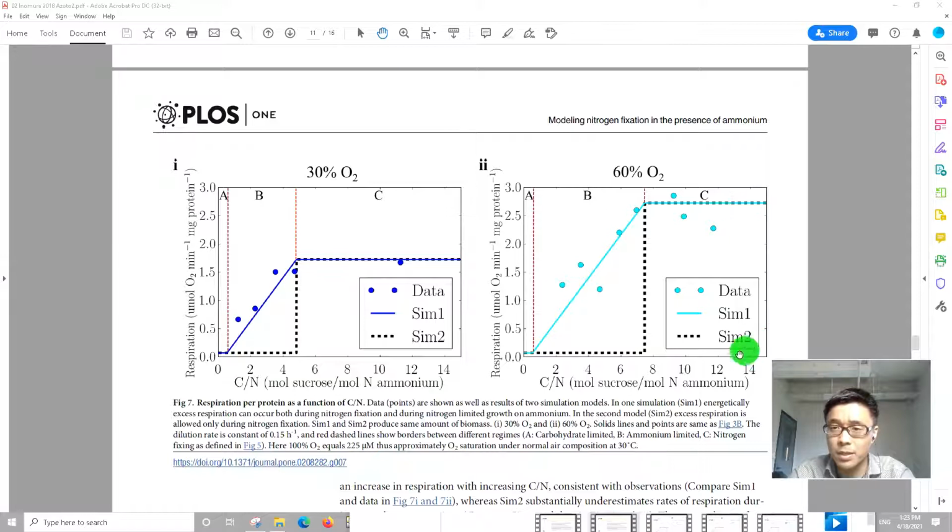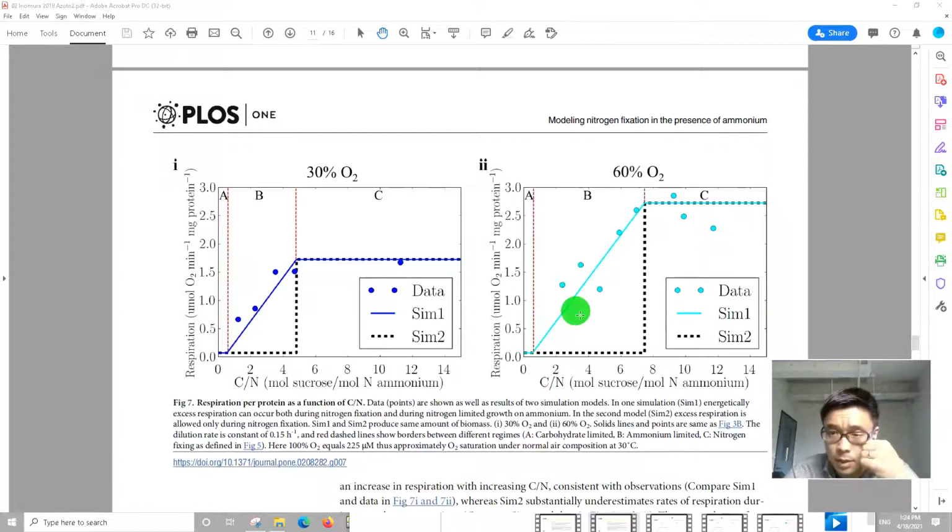The difference between these simulations is that simulation 1 is the case with respiratory protection even when nitrogen fixation is not happening, and simulation 2 is the case with respiratory protection only when nitrogen fixation is happening, or the domain C. So by comparing to the data, we find that simulation 1 is more representative because the data increases respiration rate with C to N ratio, which is what's happening in simulation 1.